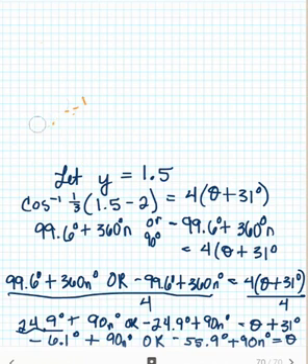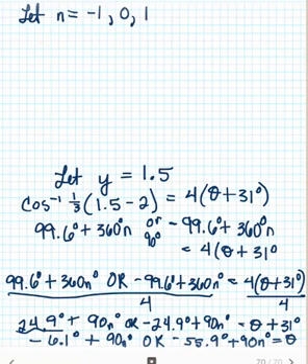All right, so the possibilities here now are, let's let n equal, I don't know, negative 1, 0, 1, and 2, and I should find the first 3 positive values in there.